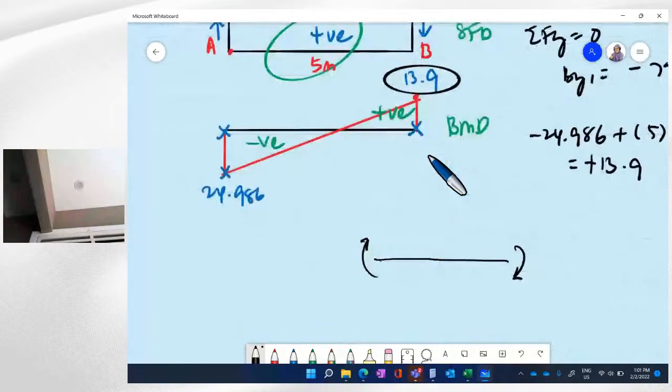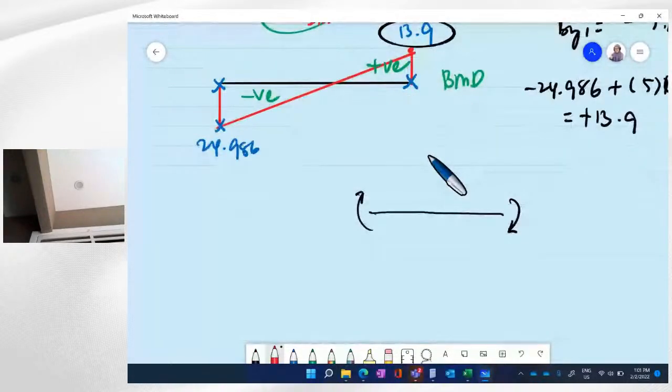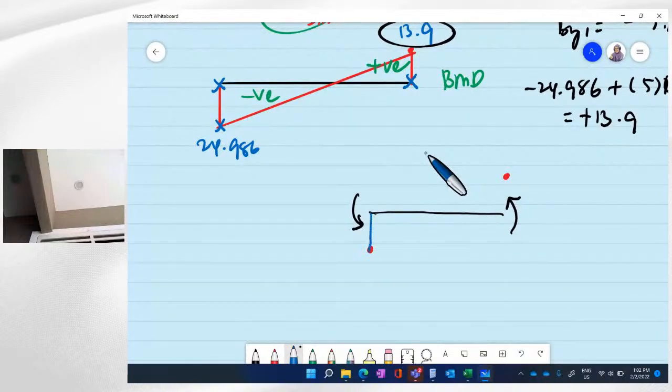So negative, negative means the first point of the bending moment diagram is located here, and the last point is located here. Sorry, this is a positive direction. Negative, negative means in this direction. So negative means the point is located here and the point is located here. So we just need to join this.